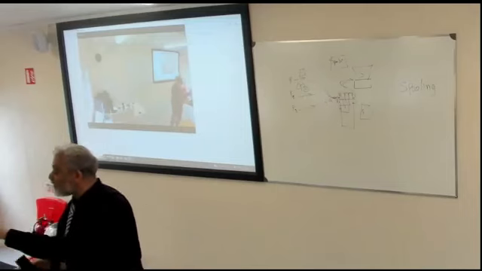So we have two processes, process 1 and process 2. Process 1 needs resource 5, so it goes for resource 5 and gets it. That's good. Process 2 needs resource 1, so resource 1 is free, we allocate it. Then process 1 asks for resource 2, so it gets resource 2.